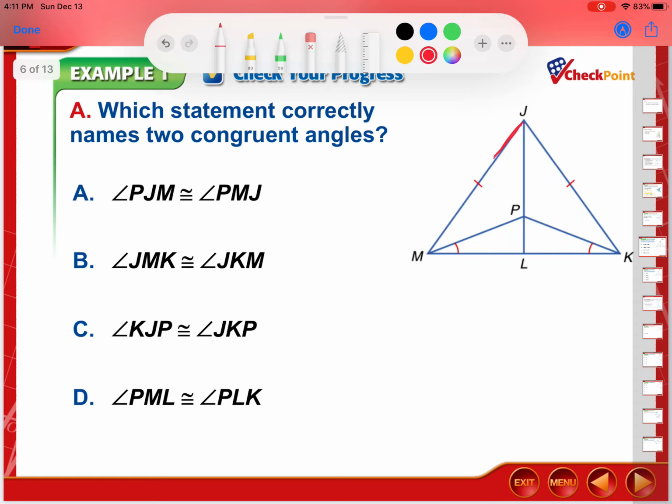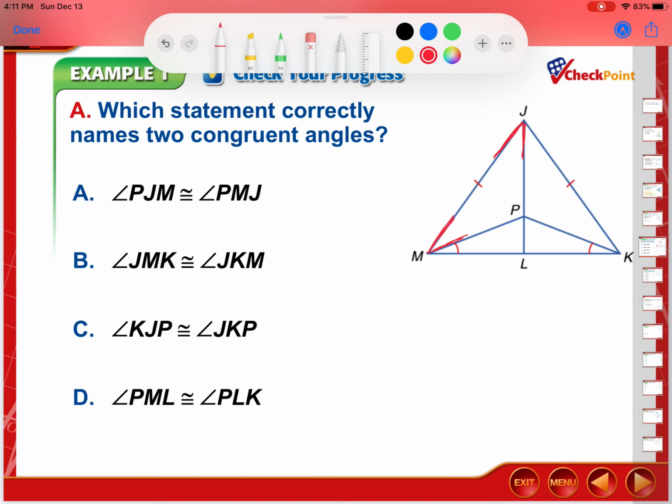So PJM, so this angle right here, and the lines are already blue, so I don't know why I always choose to use blue. So this angle is congruent to PMJ. Okay.